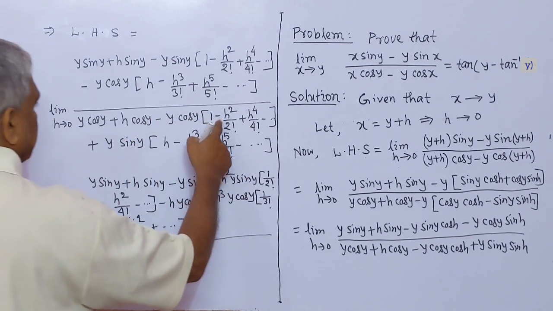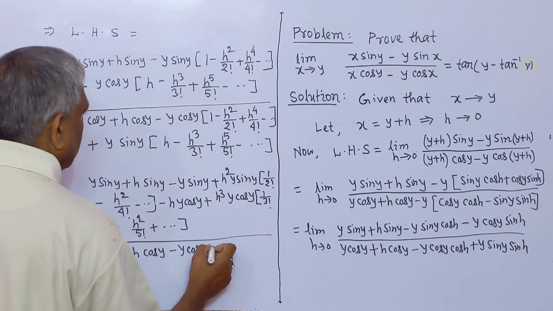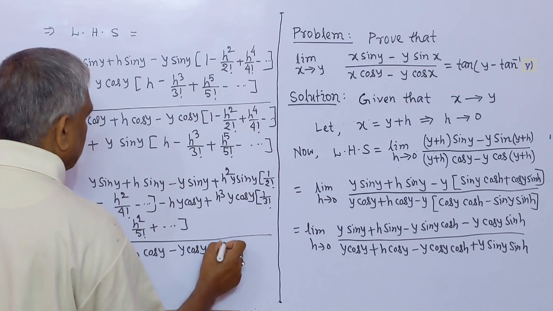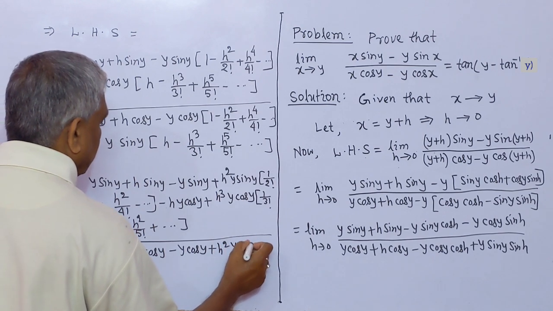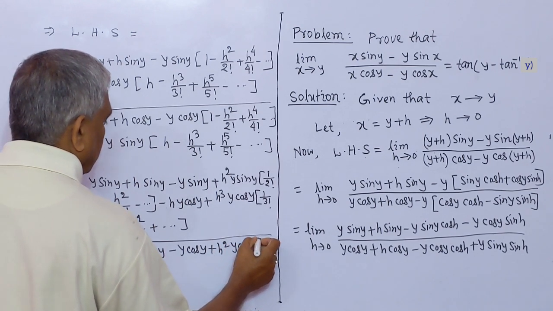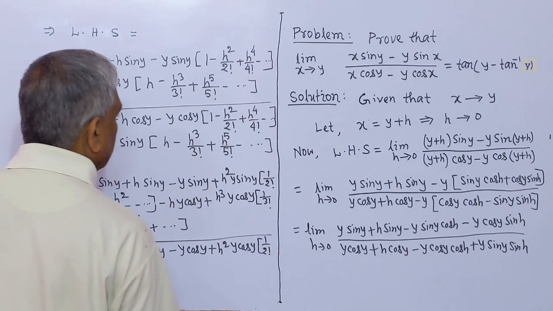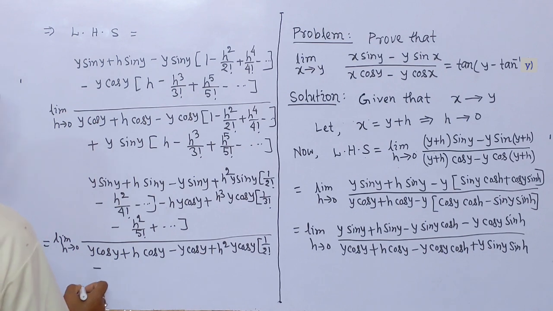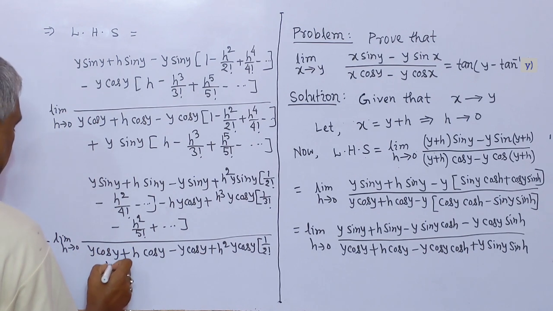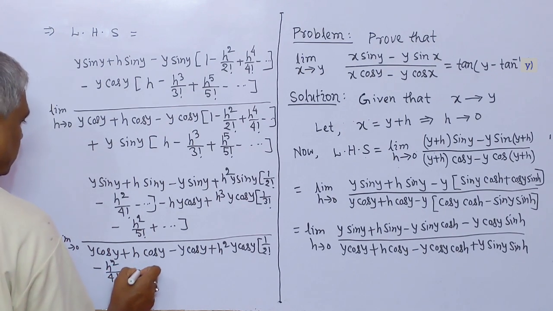Here minus minus plus we take common h square, y cos y remains 1 by factorial 2. Here minus plus minus h square by factorial 4 plus dot dot dot.